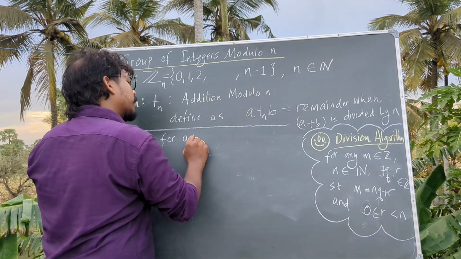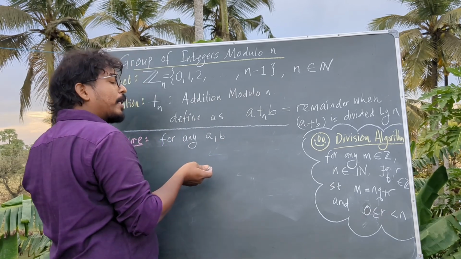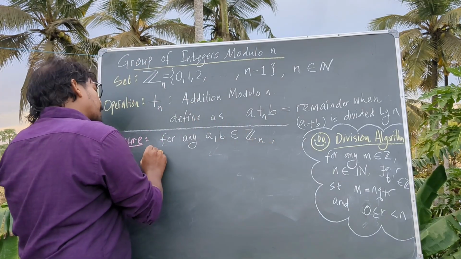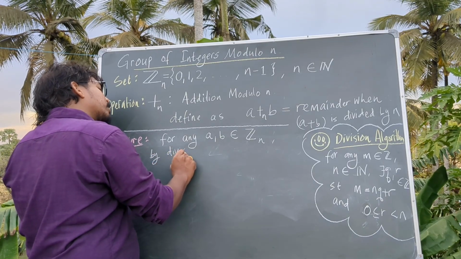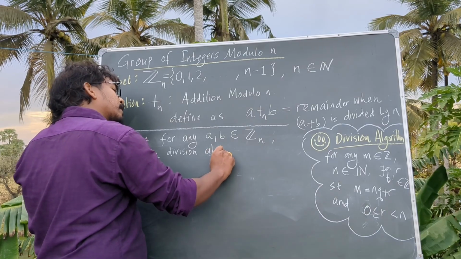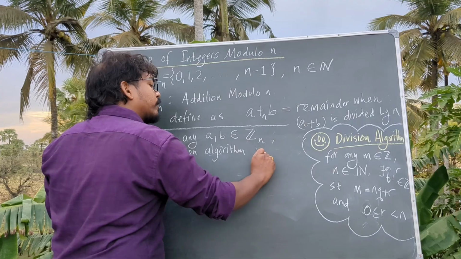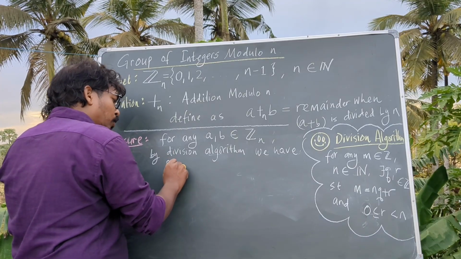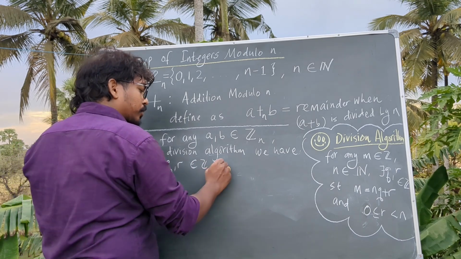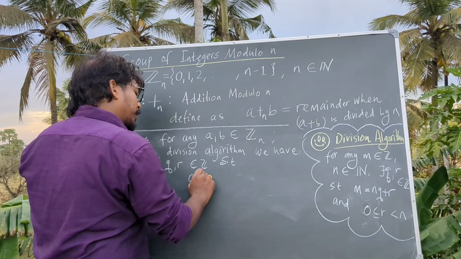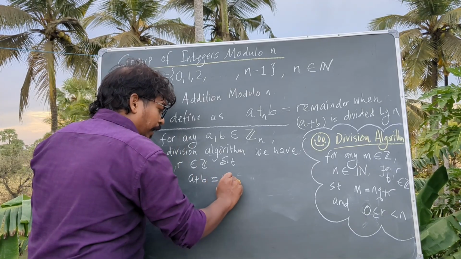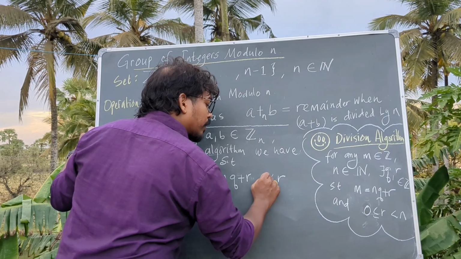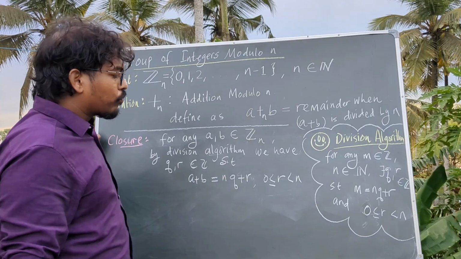For any small a, small b, two happy little elements of this happy little set Zn, by division algorithm, we have q and r belonging to the set of integers, such that a plus b is equal to n times q plus r, and r lies between 0 and n minus 1, strictly less than n.